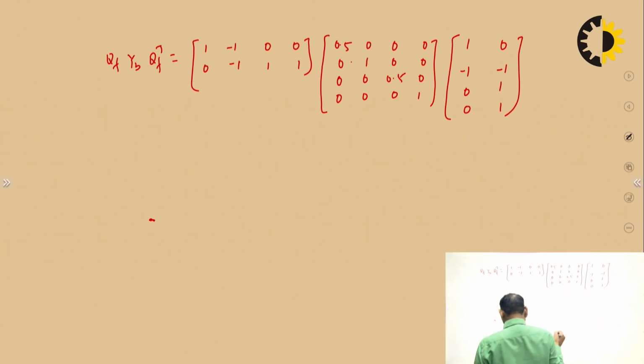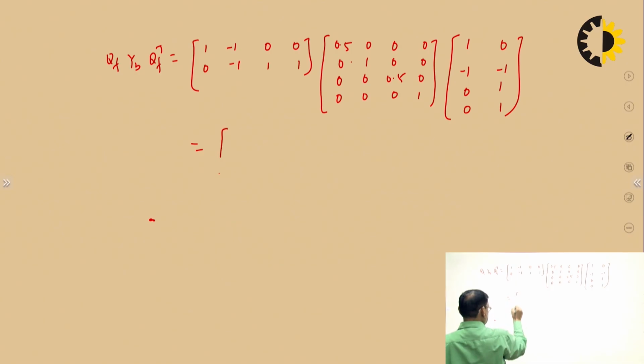So we multiply, and we get this matrix is equal to 1.5 1, then 1 and 2.5.